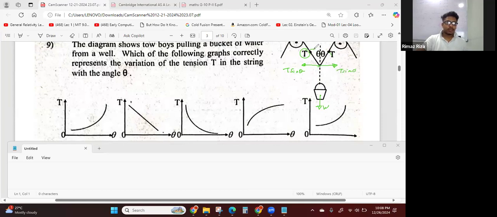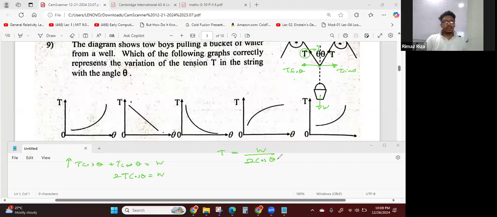And here the vertical components are T cos theta each. So vertically upward we have T cos theta plus T cos theta equals W. So 2T cos theta equals W. Therefore T equals W over 2 cos theta.